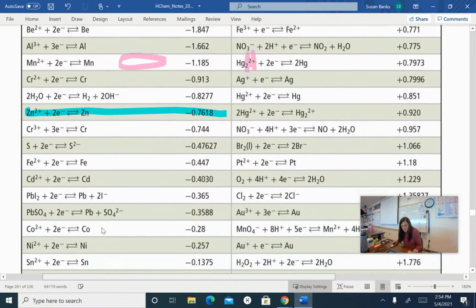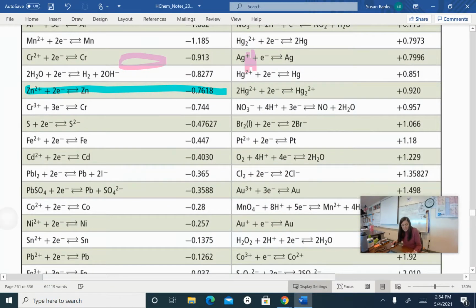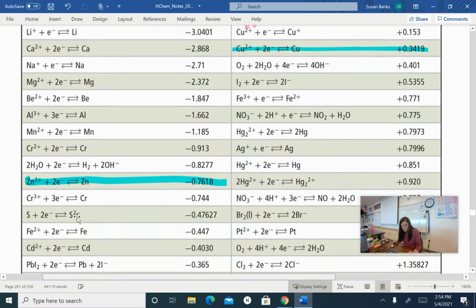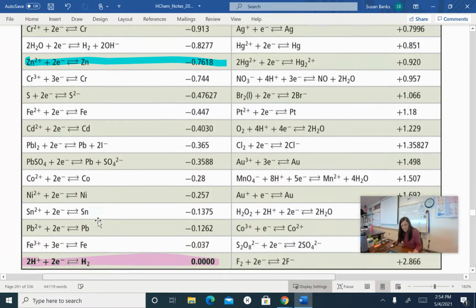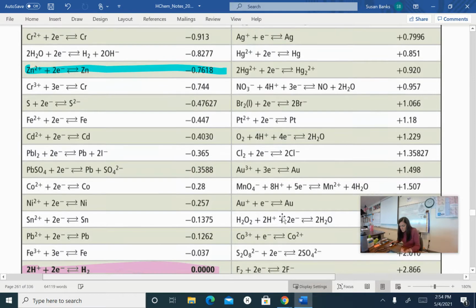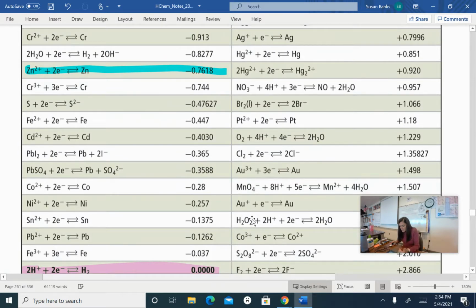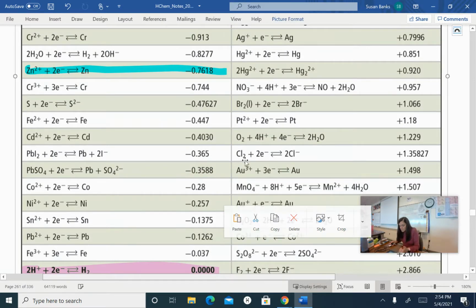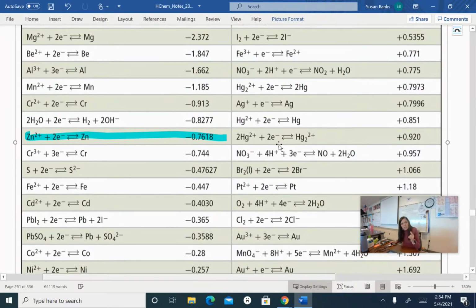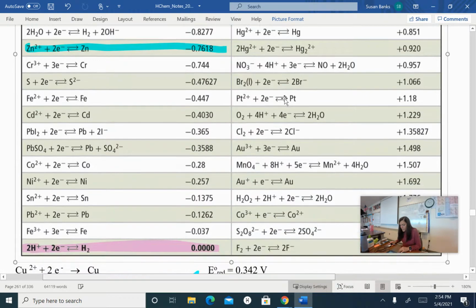Some of these we have lead sulfate with sulfuric acid. So there's all kinds of different reactions that we're going to be doing. We have hydrogen peroxide here. So you need to be very careful with what you're looking up. Make sure it's the correct charge and make sure it's what you're dealing with, okay?